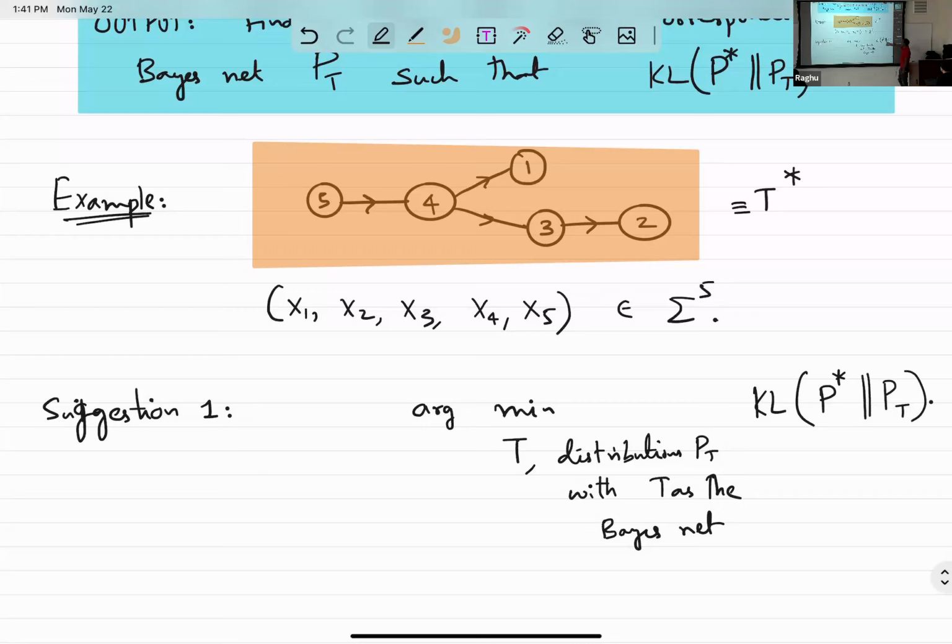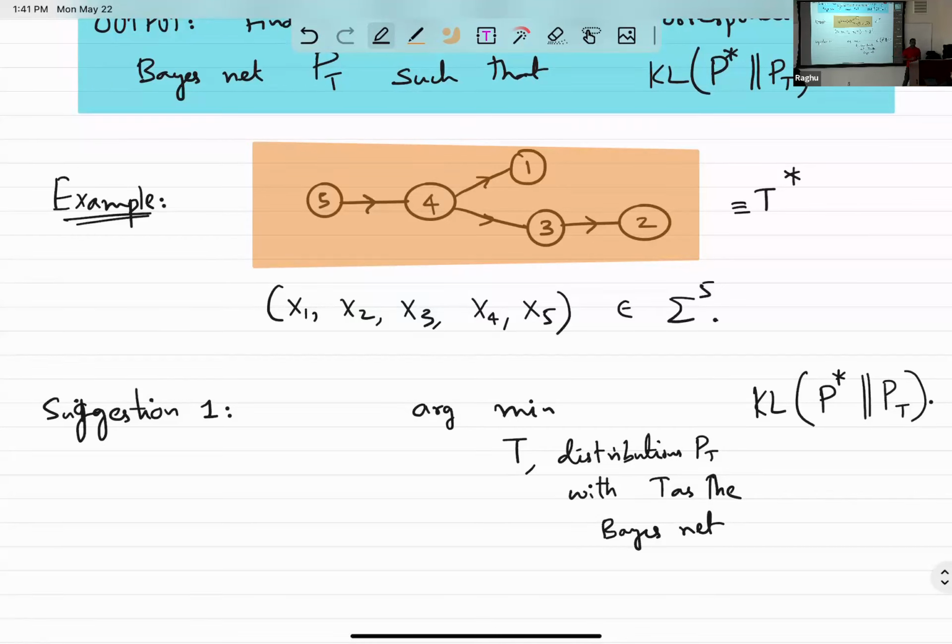Well, we don't know what P star is. So as a function itself, we cannot compute this exactly. But you might assume maybe we're given samples for it. Even that's not clear, right? If just given samples, how can I estimate the KL divergence? I'm not sure.